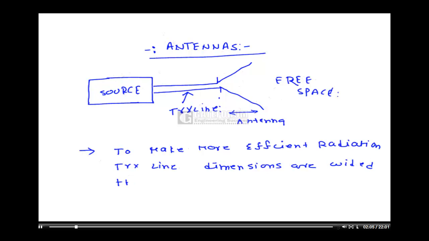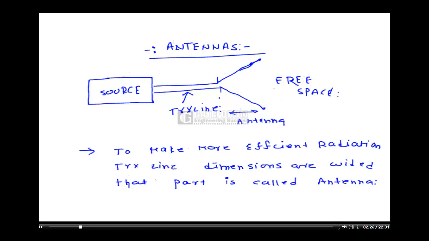That part is called antenna. So for more efficient radiation in free space, if you observe, the transmission line is like this. I am just widening the dimensions for better radiation of that part, and I am calling it antenna.